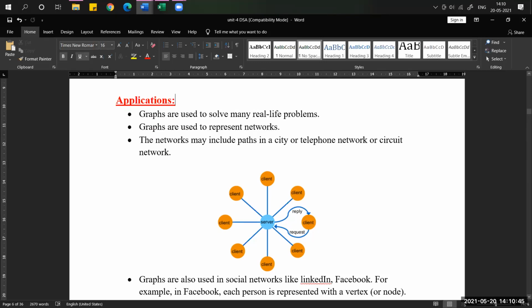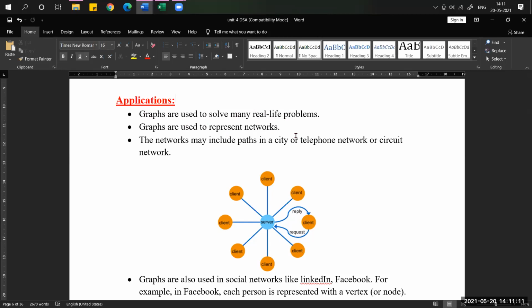Graphs can be used to solve many problems in our real life. What are those problems? For example, if you want to search for an address through Google Maps, it will show some paths, for example from your college to your home.